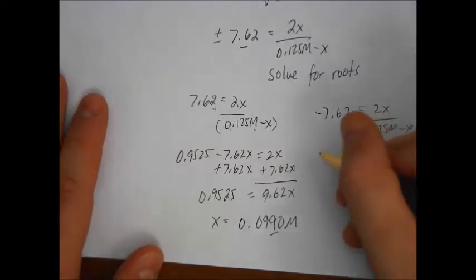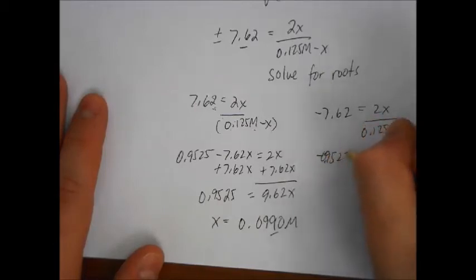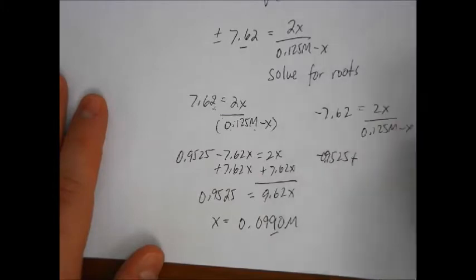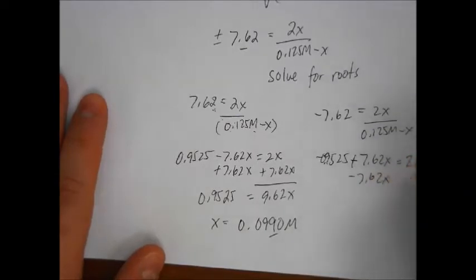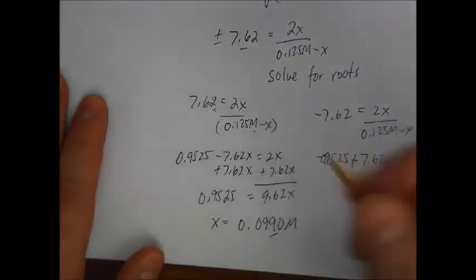This one we're going to do the same thing. So in this case, we're going to get minus 0.9525 plus 7.62x, which is going to equal 2x. So we're going to subtract in this case. So 2 minus 7.62, just so that we get it right.